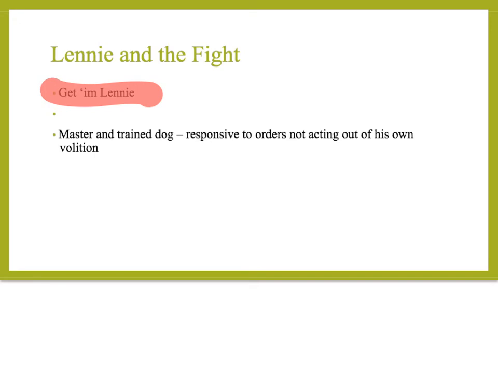And remember, Lennie is willing to take every blow that Curley metes out, because he doesn't know how to react. He hasn't been instructed to react. But here, once he's told to react by George, you get the sense of the master and the dog, that he's responsive to orders, that he doesn't act out of his own volition. So Lennie doesn't protect himself, he only acts when George tells him to act. And George is there to protect Lennie, and so he says "get him, Lennie," because he wants Lennie to protect himself.